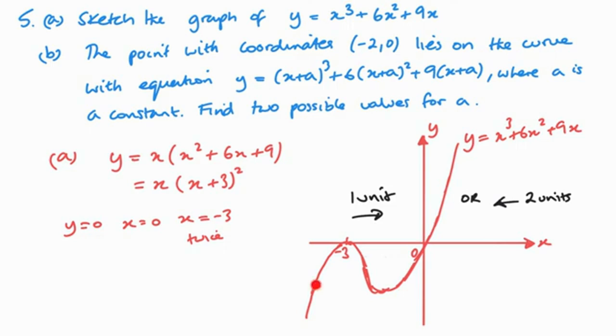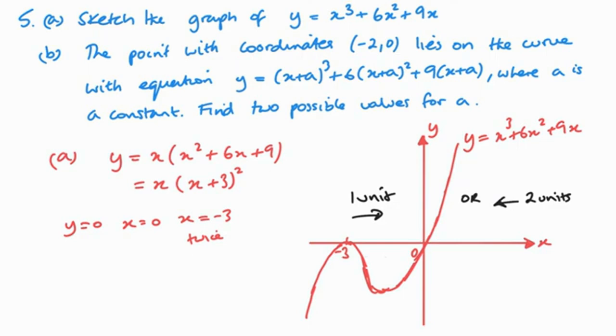So if I shifted it 1 unit to the right, this part of the graph would hit at -2, and if I moved it 2 units left, this part of the graph would hit at -2. You've got to imagine shifting this graph to the left and to the right, and that's where I'm going to get my 2 possible values.